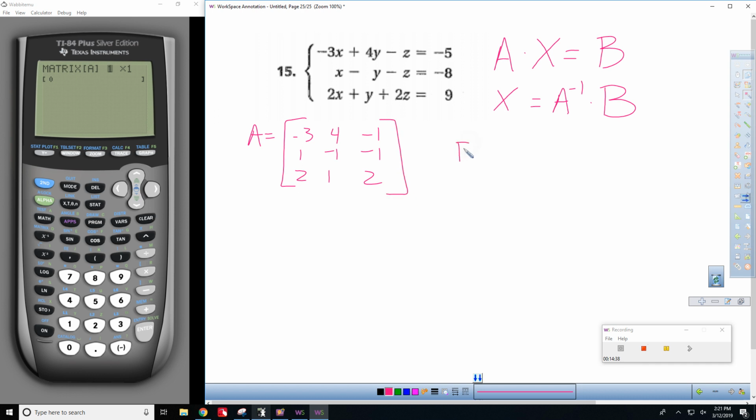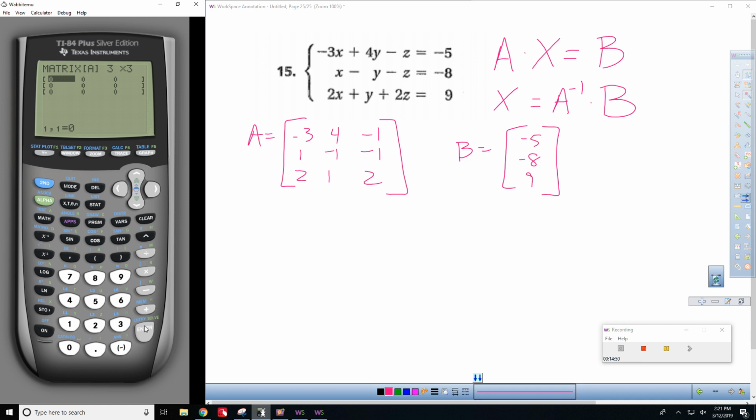B is negative 5, negative 8, and 9. Alright. So let's name A. A is a 3, enter, by 3, enter matrix. Okay? Now, we just need to plug in our numbers.